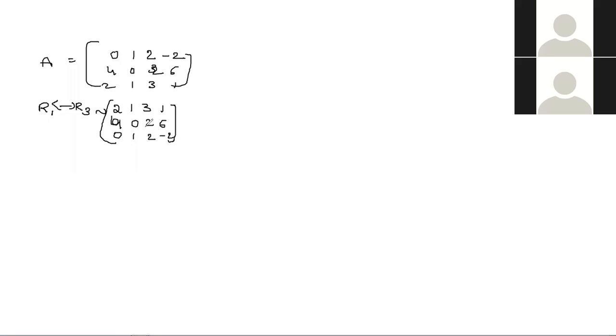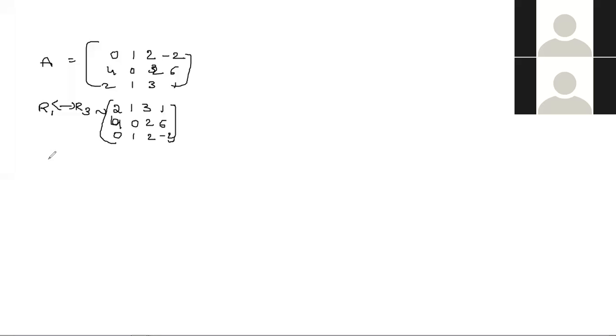Okay, now we need to reduce this one. For simplification, to get easier numbers, if any number is dividing, we can divide by that number. If you observe 4 0 2 6, the entire row is divisible by 2.